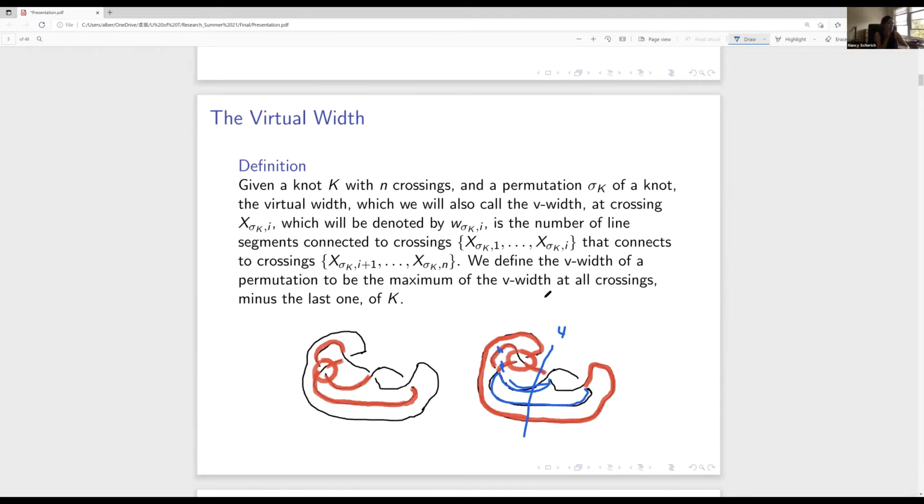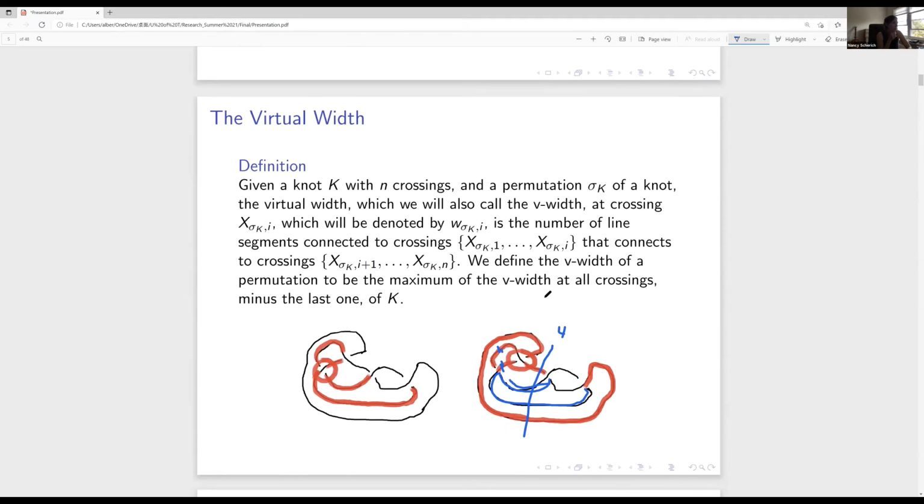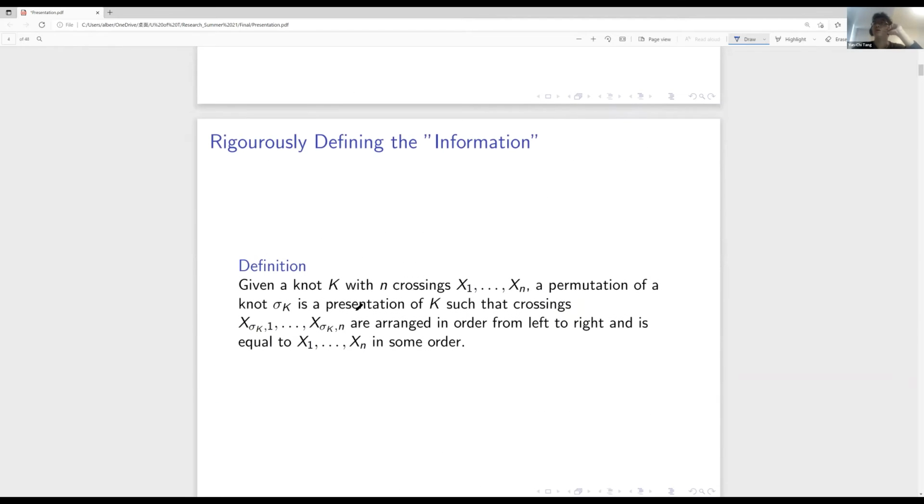I'm not quite understanding. I think my question goes back to your definition of information. So you're saying we have a knot and we're given a bunch of crossings X_1 through X_n. But a knot is more than just a bunch of crossings, right?